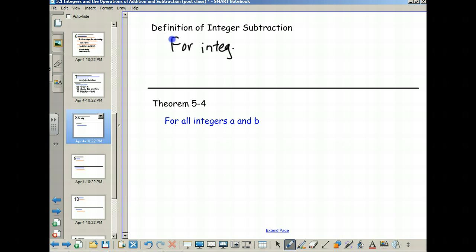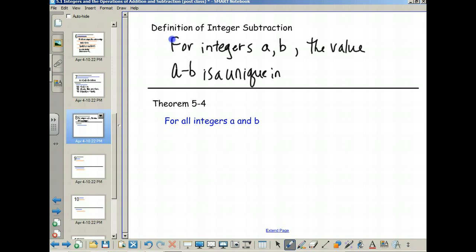For integers A, B, the value A minus B is a unique integer N such that A is equal to B plus N.